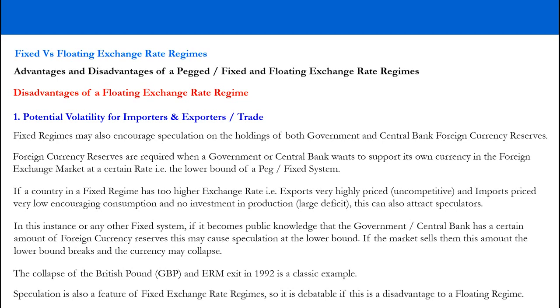And the market sold more than the amount of foreign currency reserves that the British government had, sold the pound to the British government, and the British government ran out of foreign currency reserves. And that created a situation where the pound collapsed because the central bank couldn't support their currency.